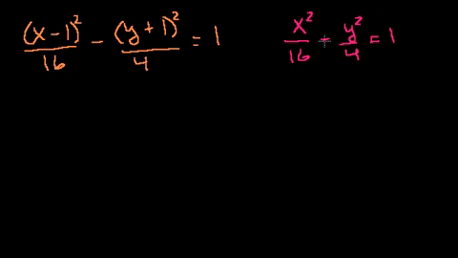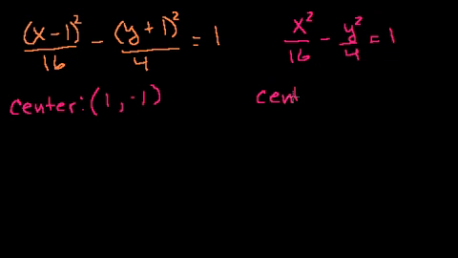The difference between this hyperbola and this hyperbola is that the center of this hyperbola is at the point x is equal to 1, y is equal to minus 1. The way to think about it is x equals 1 makes this whole term 0, and so that's why it's the center. And y equal to minus 1 makes this whole term 0. On here, of course, the center is the origin.